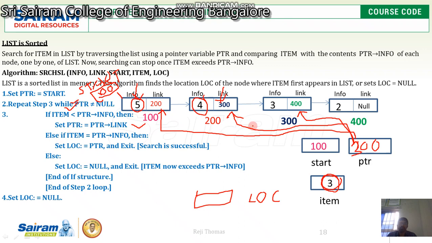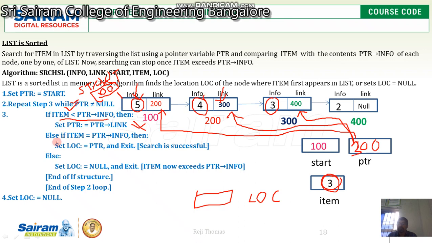So if item is less than PTR info, what is PTR info? PTR info is 3 and item is 3. So this condition fails. That means you need not advance PTR to the next node.